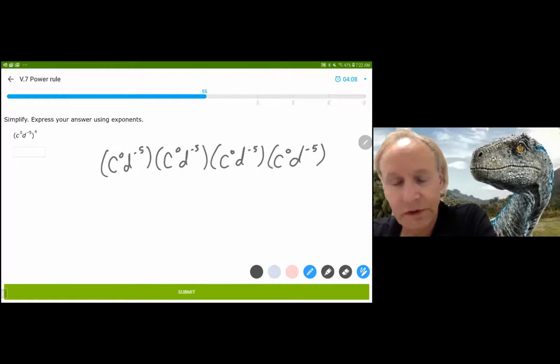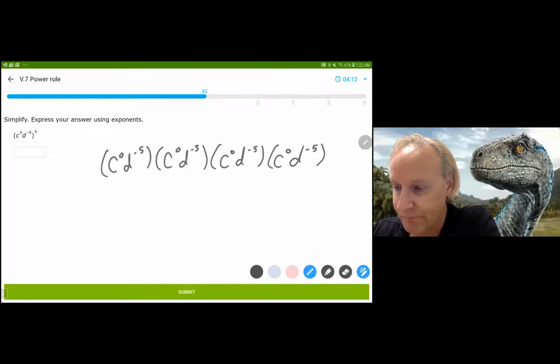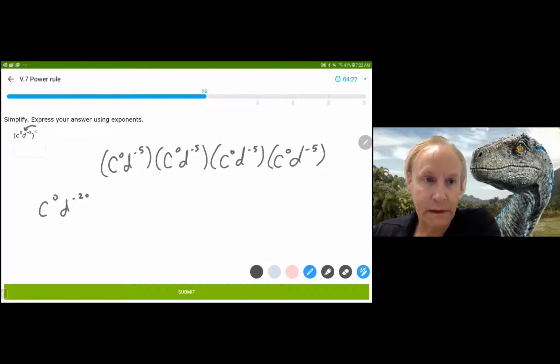Now, the 0 multiplication property says that if I multiply the 4 times the 0, I'm going to get c to the 0 power. And if I multiply the 4 times the -5, I'm going to get d to the -20. Now, there is a distributive property of exponents over exponents, but you need to be very, very careful.